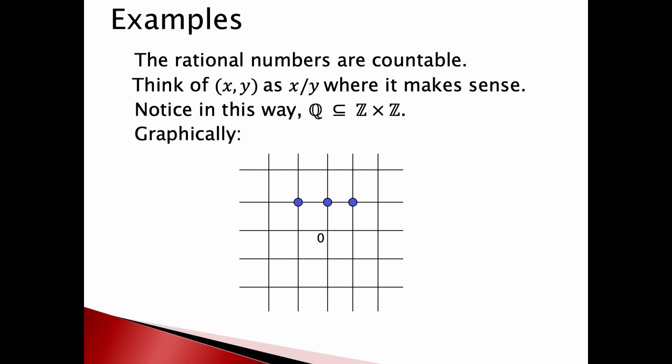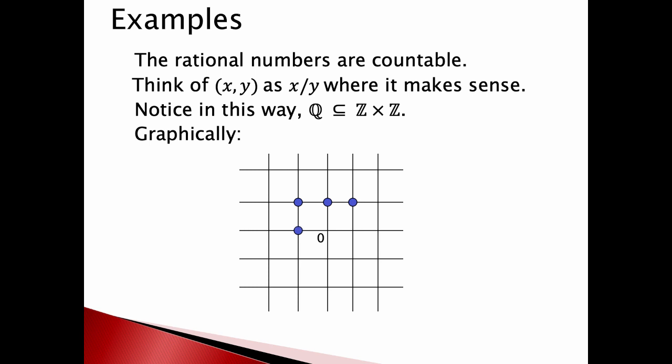That would be the point -1 comma 1. So if we turn that into a rational number the way we've been doing it, x coordinate over y coordinate, that would be -1 divided by 1. So that turns out to be just -1 if we simplify it. That's a rational number. That's not one we've encountered before, so we can count that one. We stick a post-it note on that one.